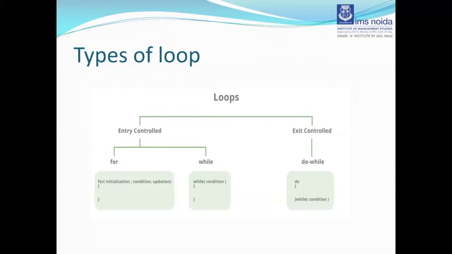If the condition is true, only then will you be able to execute the next iteration. Otherwise, you'll be out of that loop. So these kinds of loops are called exit control, in which the condition is checked at exit. For loop and while loop come under entry control loops, and the do while loop comes under exit control loops, as mentioned here.